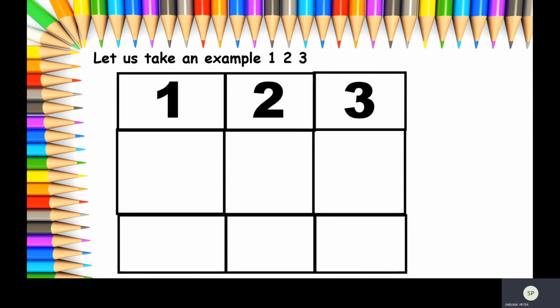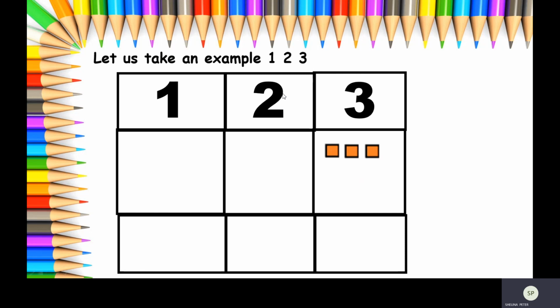Now let us represent this number using blocks for ones, tens and hundreds place. So as you can see, at ones place we have 3. So let us see how many unit blocks will be used. 1, 2 and 3.